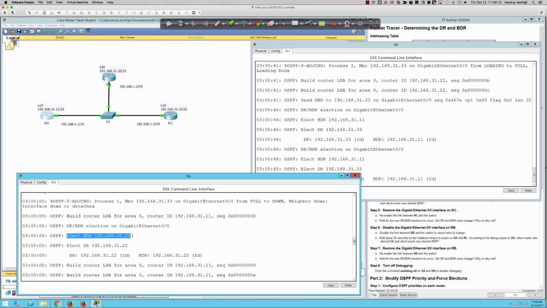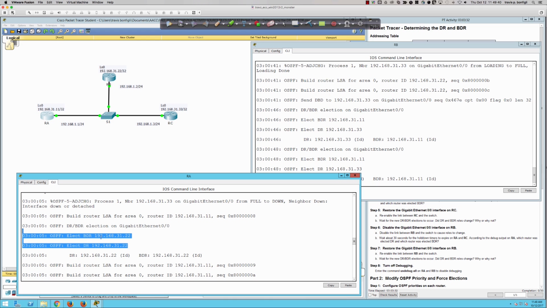The BDR is elected before the DR, and the reason for that is that you want OSPF to behave the same way all the time. By electing the BDR first, we have consistency, because you'll always have a BDR that gets elected first, and then it's the DR. And that's exactly what you're seeing right here.